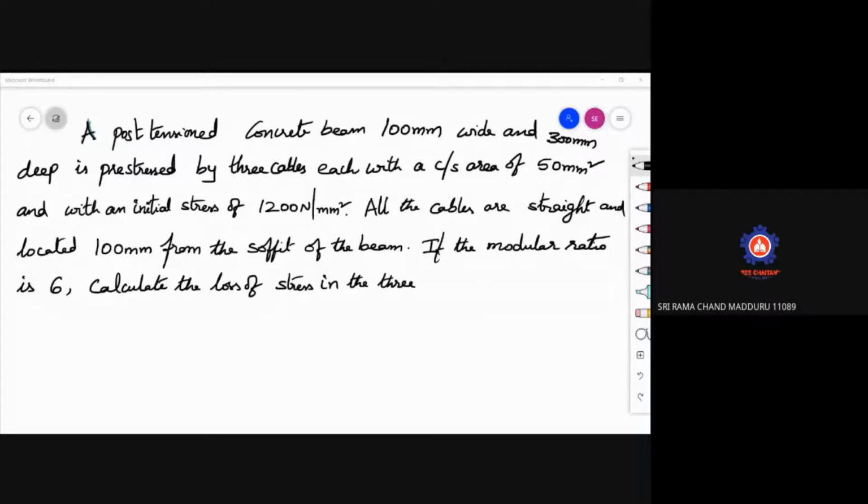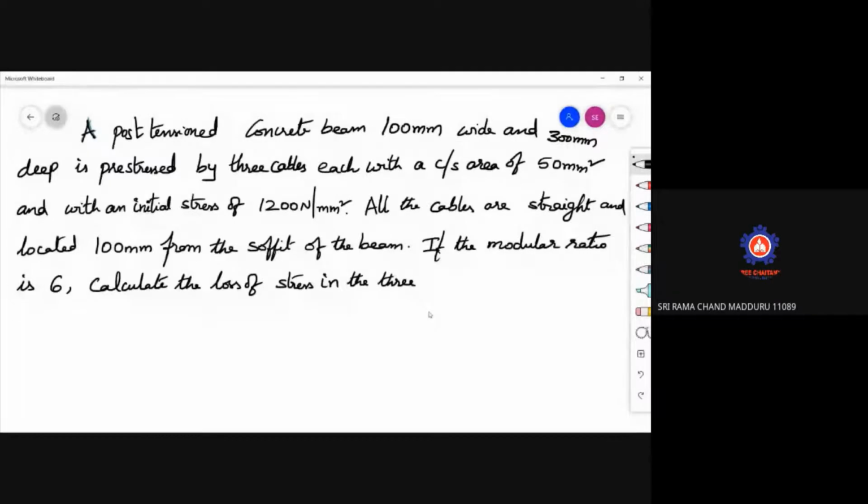Hariprasad, are you listening to the class? Hello? Are you listening to the class or not? Are you following the class? Okay, note on that. Is the problem for everyone or only for Hariprasad?